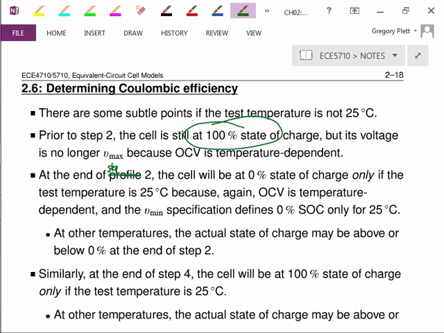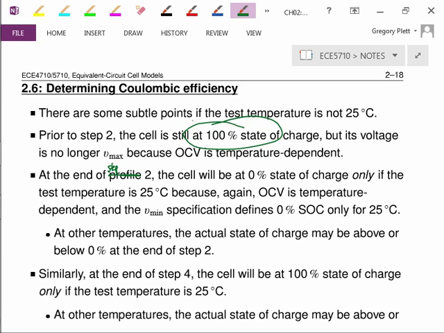So I start with a fully charged cell, I rest for 2 hours, I soak at a different temperature, I'm still at 100% state of charge, but the terminal voltage of the cell will no longer be Vmax, because open circuit voltage is temperature dependent, and I'm going to find a different value.